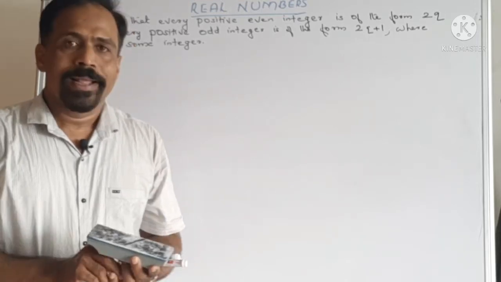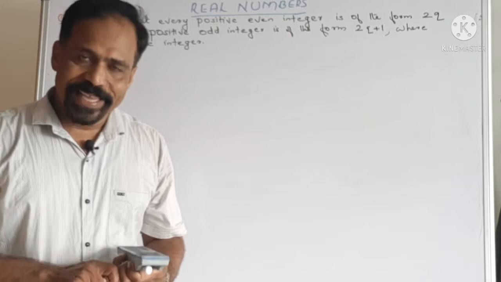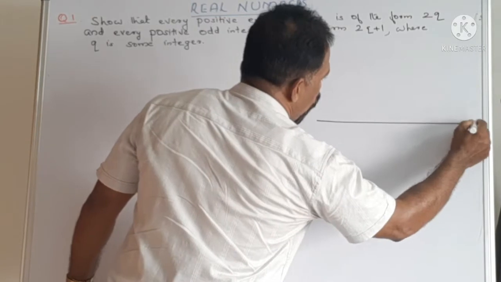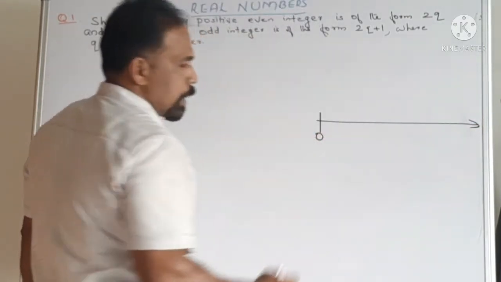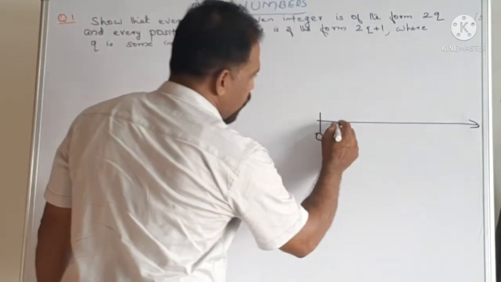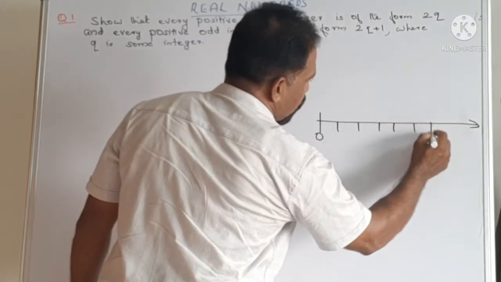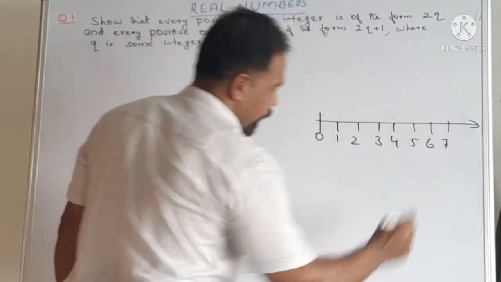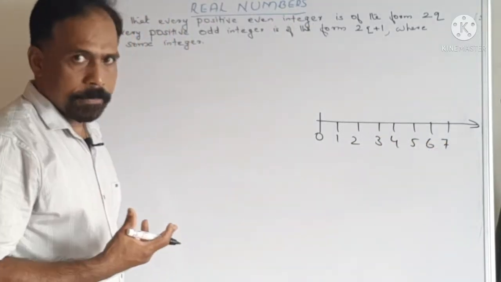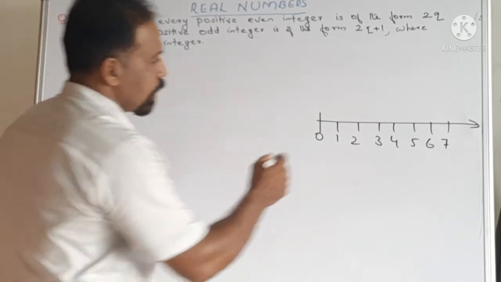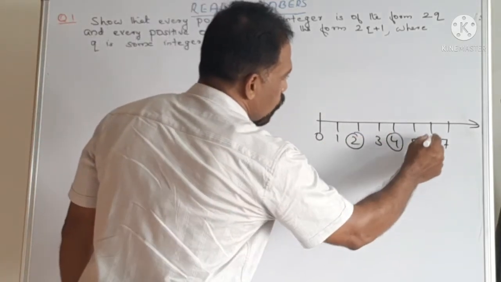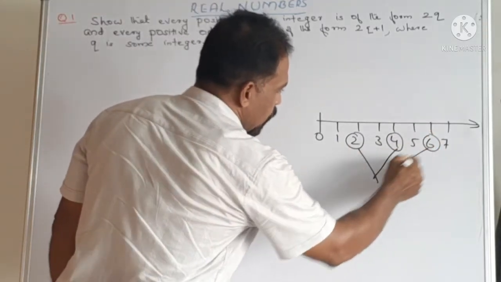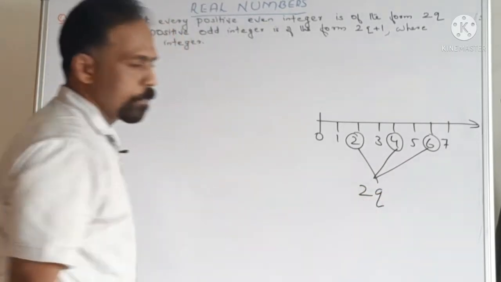Now first of all, let us understand the meaning of this question. It says that all positive integers are 1, 2, 3, 4, 5, 6, 7, etc. Out of this, which are the even integers? 2, 4, 6, 8, etc. They can be represented in the form 2q.